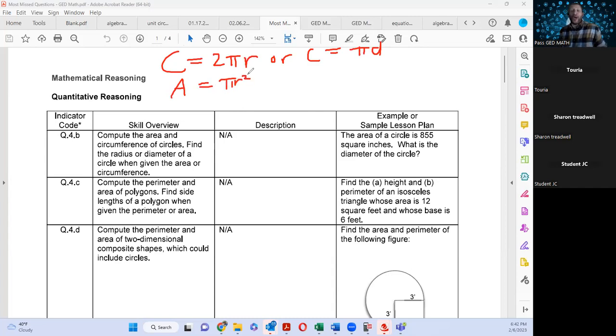These are formulas you have to know because they're guaranteed to be on the GED exam. But look at what they also give you: find the radius or diameter of a circle when given the area or the circumference. So you have to be ready for it. It's one of the most missed questions. You can expect to see it.